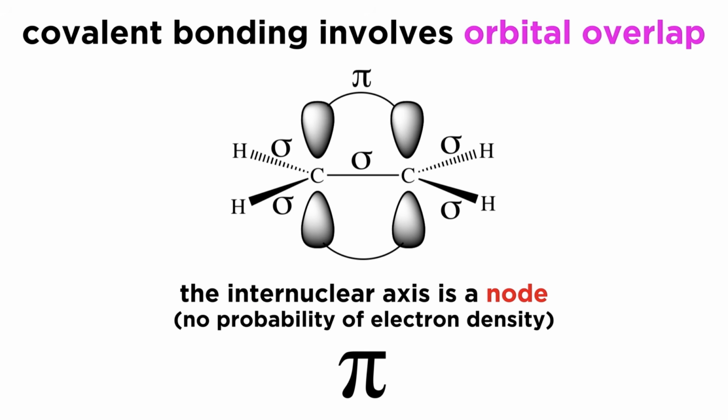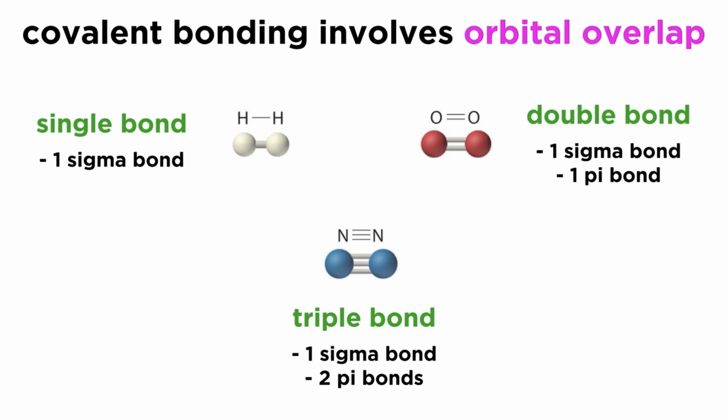In a pi bond, the internuclear axis itself will be a node, or a region where there is no probability of finding an electron. In Lewis diagrams, double bonds consist of 1 sigma bond and 1 pi bond, and triple bonds consist of 1 sigma bond and 2 pi bonds.